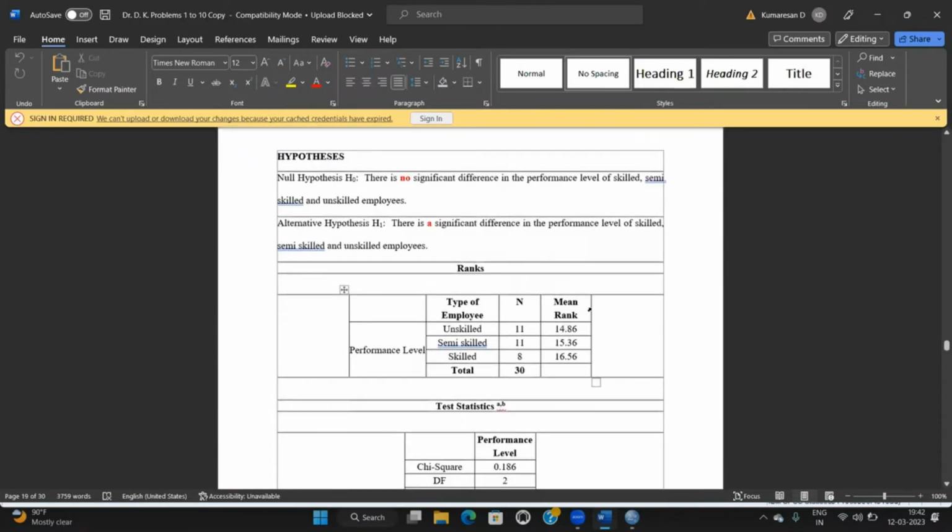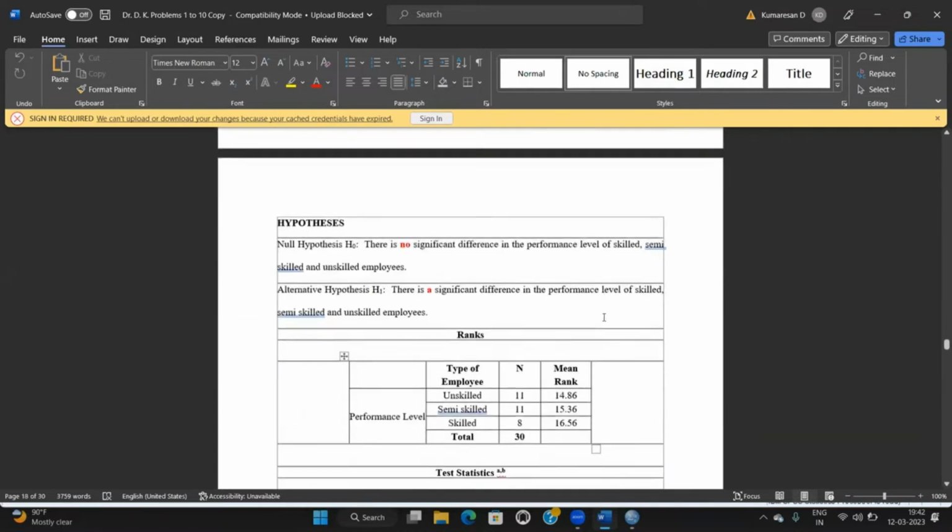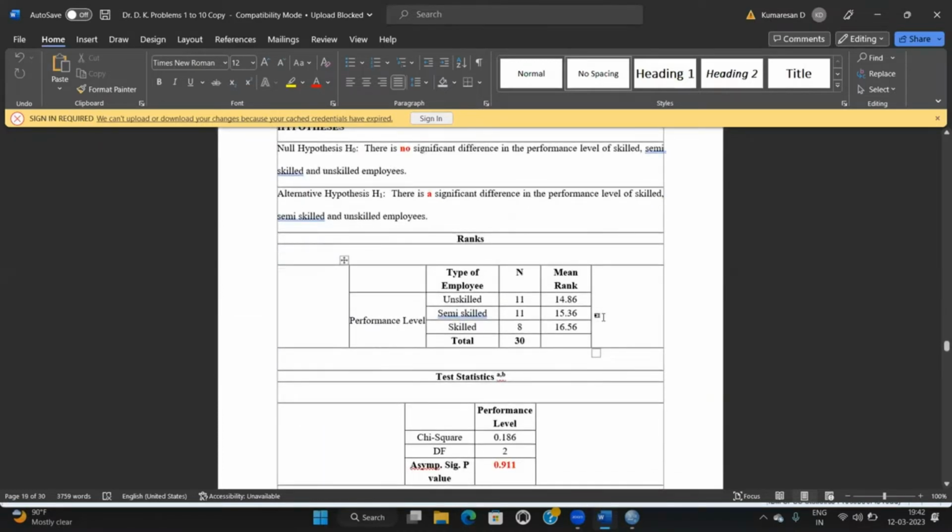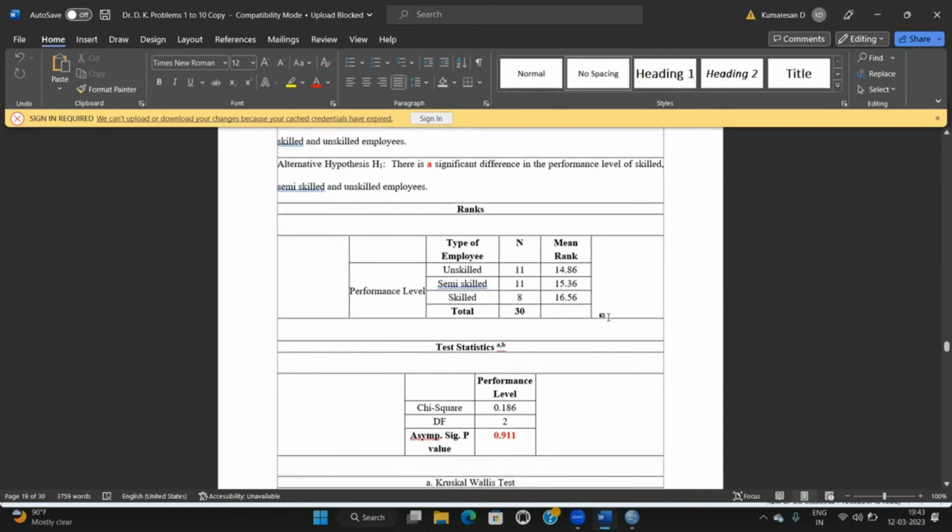So here we consider 3 types of employees, earlier 2 types. So comparative degree we used. Who is better? If there are only 2 categories, we considered who is better. Here we have 3 groups, more than 2. So we are using superlative degree. So who is the best one?